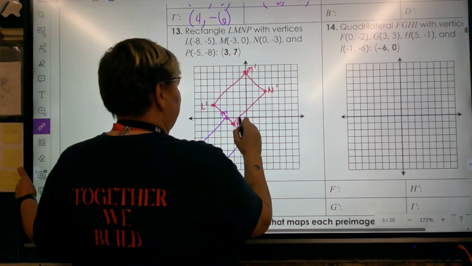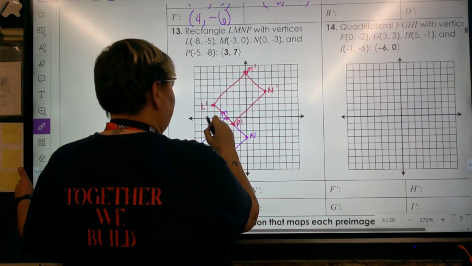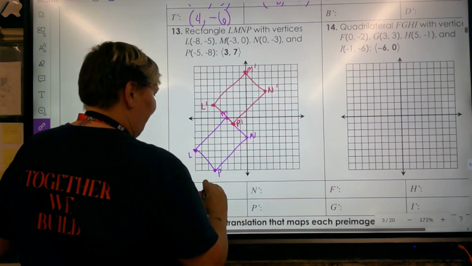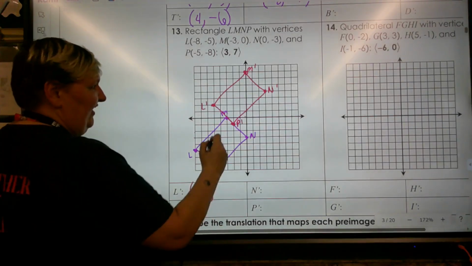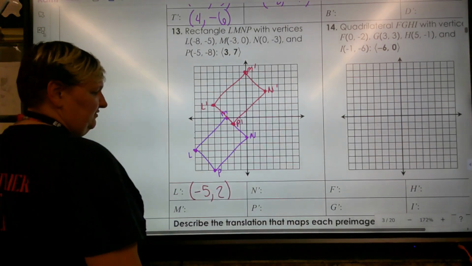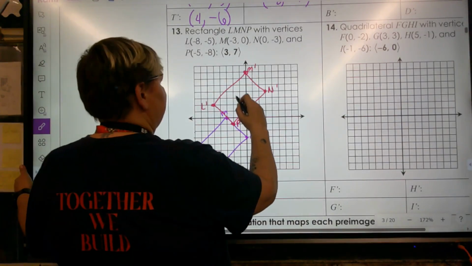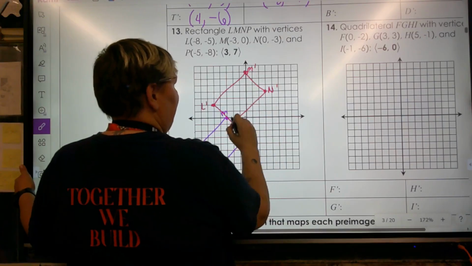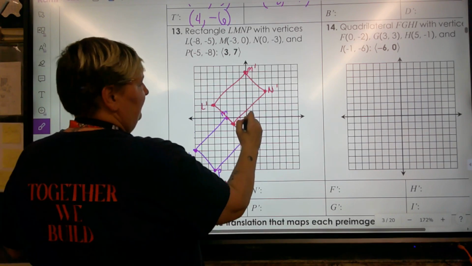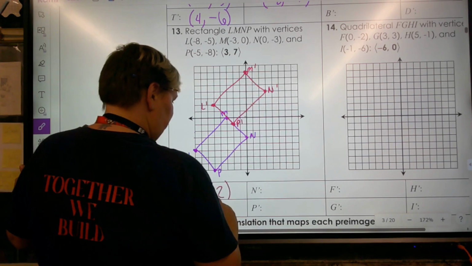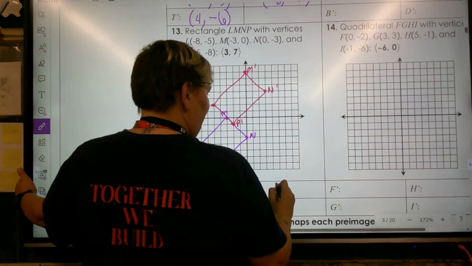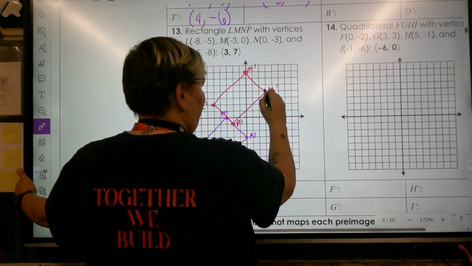L is first. I went left 5, so it's -5. And I went up 2, +2. All right, let's do M. I didn't go left or right, so my X is 0. And I went up 7, +7.